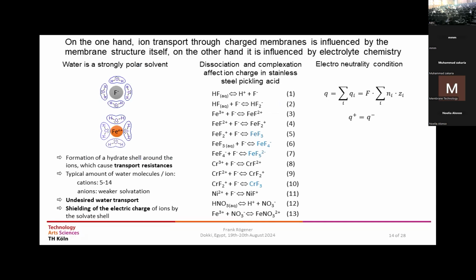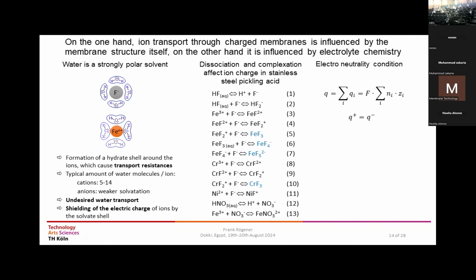So I talked about the membranes, I talked about the setup. Now we have to talk about the solution, because the solution is also nasty. We have several effects that we have to consider in diffusion dialysis. The first effect is that the solvent, that's water, forms a hydrate shell around each and every ion. That means the diameter of an ion is growing because it carries the water with it.